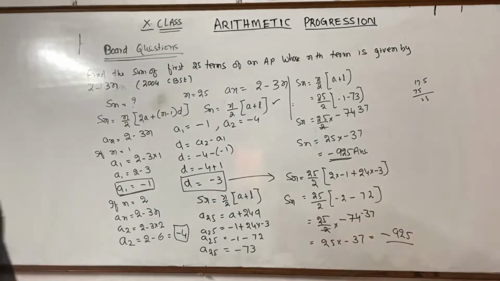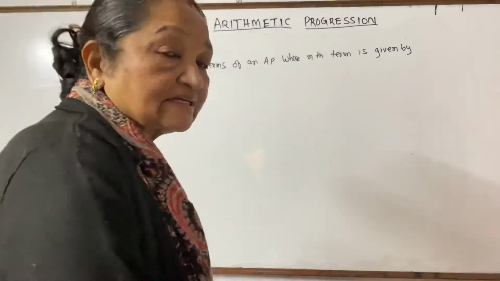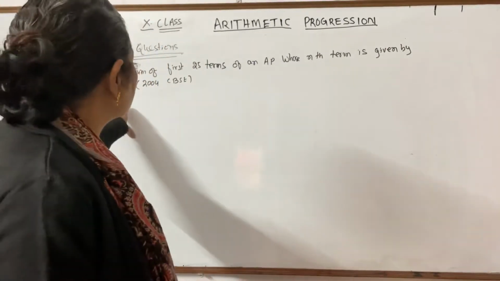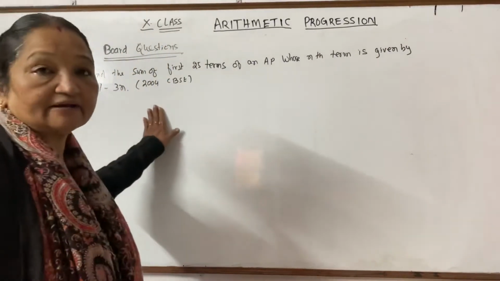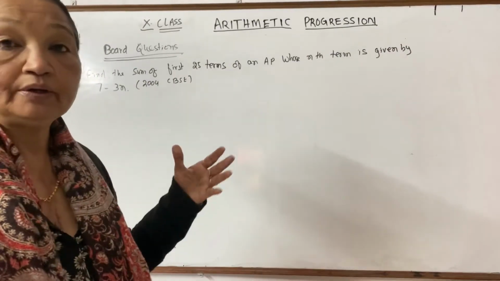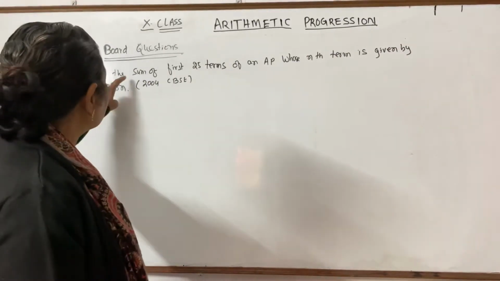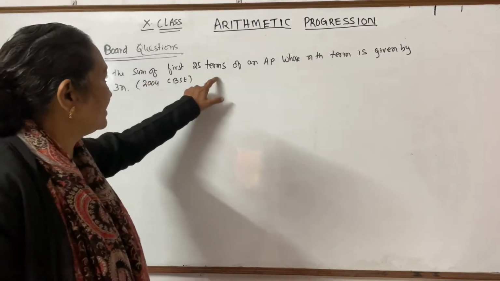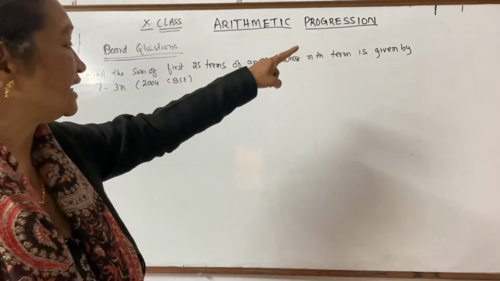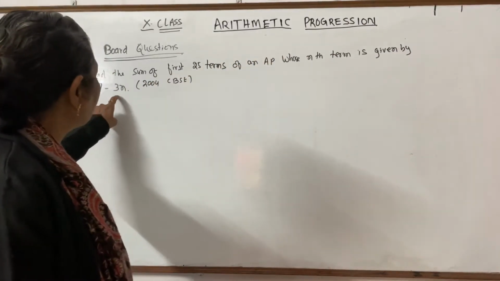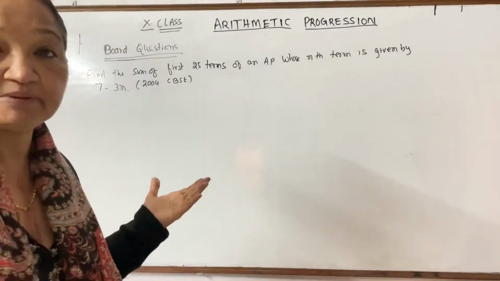Okay, you see this is also, as I told you, in 2004, the same type of sum. This I have given to you, you do it yourself. Find the sum of first 25 terms of an AP whose nth term is given as 7 minus 3n. Here also it is the same as the previous one.